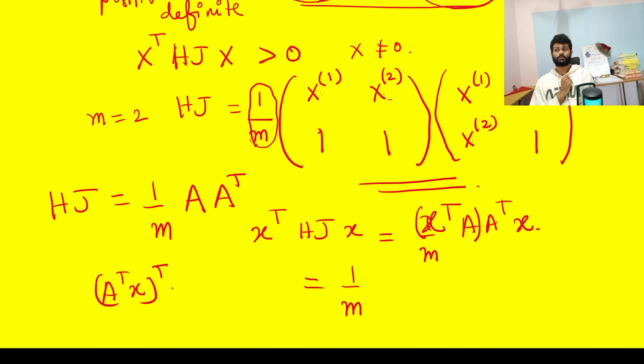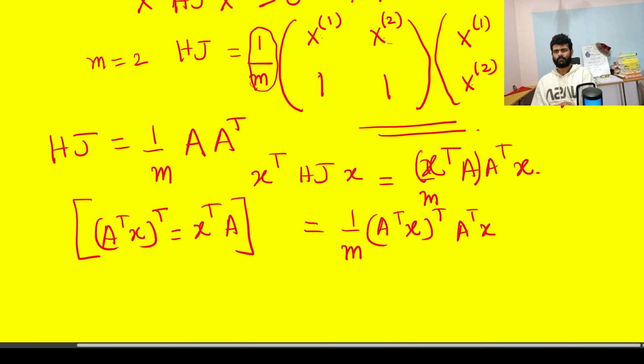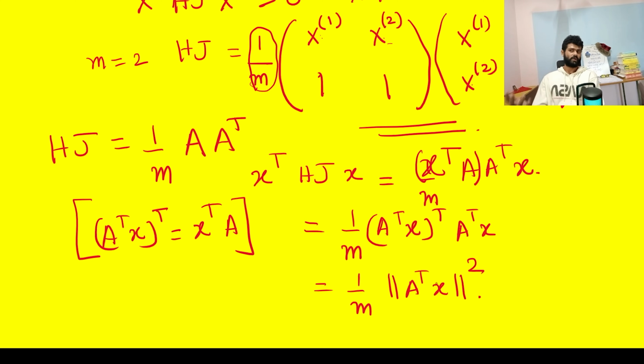The whole transpose. You're taking the transpose of a vector here, because A transpose times a vector is another vector. So if you take the transpose, this is x transpose A, right? So basically this is A transpose x, the whole transpose, times A transpose x, which is nothing but the norm squared of A transpose x.